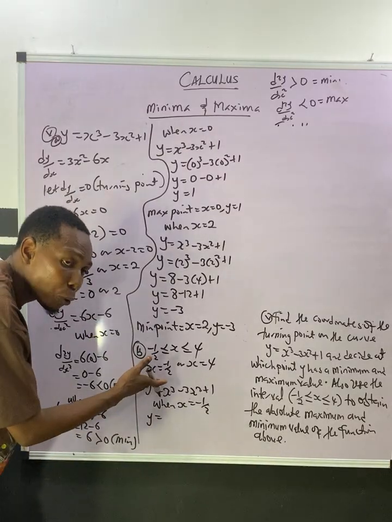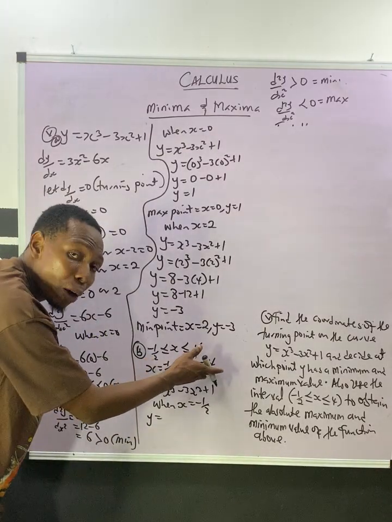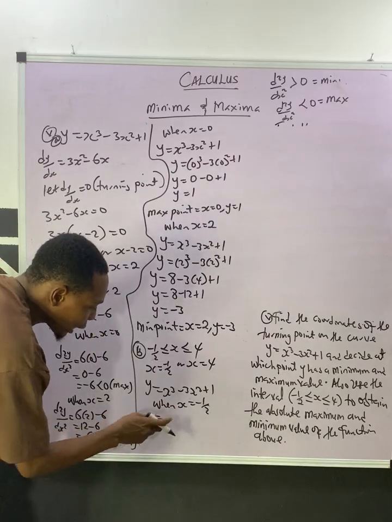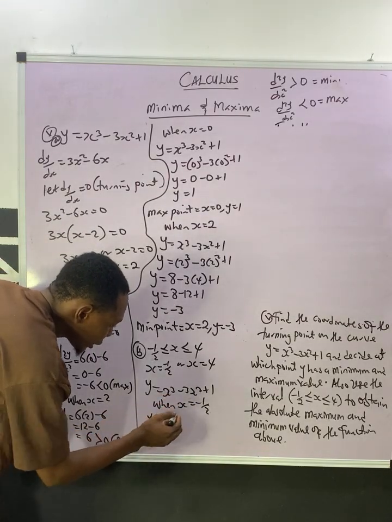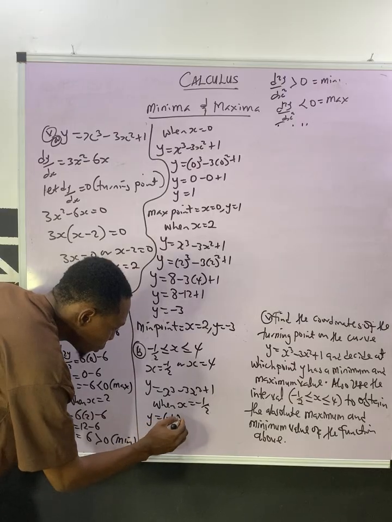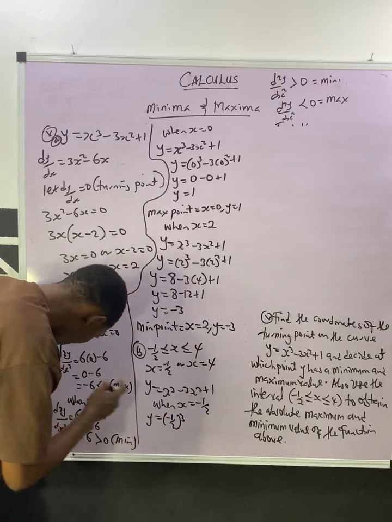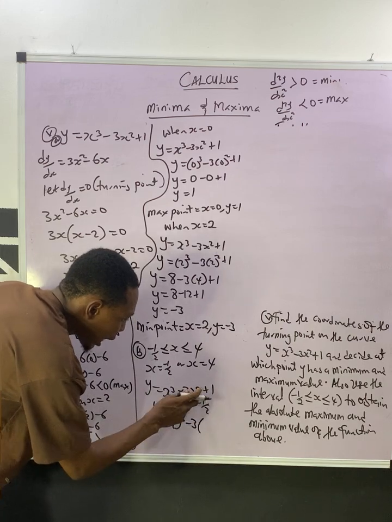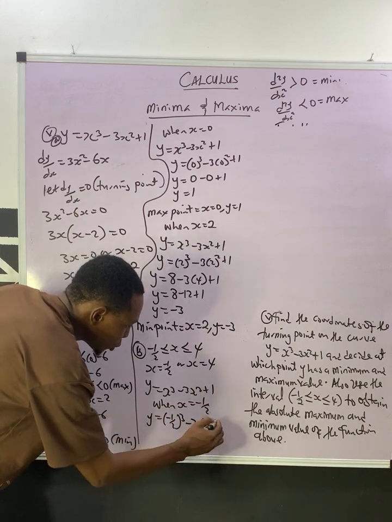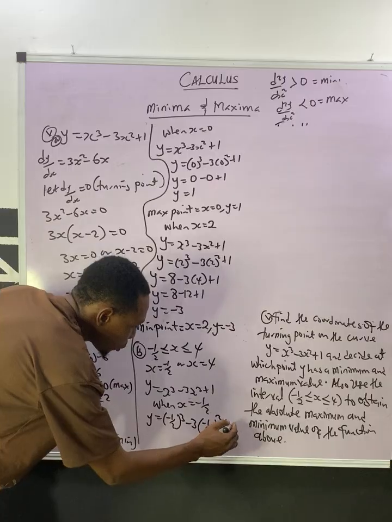Definitely this is our maximum, and this is our minimum. So this time around, s is minus 1 over 2 raised to power 3, then minus 3 bracket, our s is minus 1 over 2, raised to power 2, plus 1.